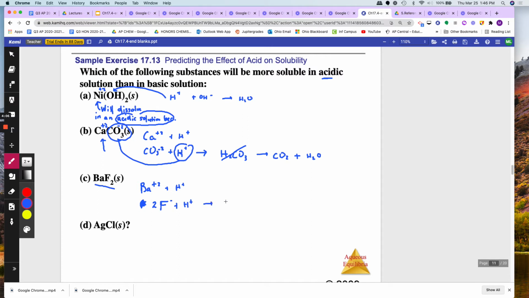Will that make HF? Yes, it will, because HF is a weak acid, so F minus is a strong conjugate base. The H plus will take the F and dissolve the solid. You're going to have barium plus 2. So this one will be, yes, more soluble in an acidic solution as well.